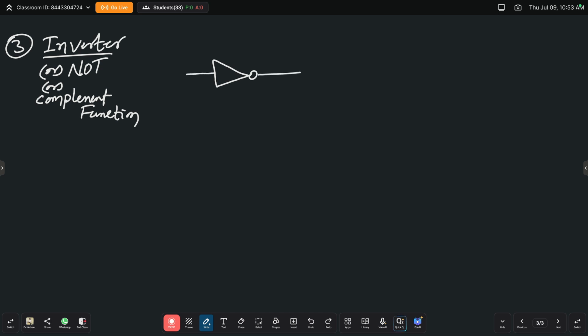This is the representation. A, what will you get? A dash. Correct. Nothing but this is X. So X equals A dash.